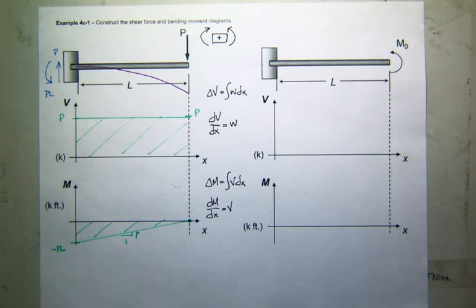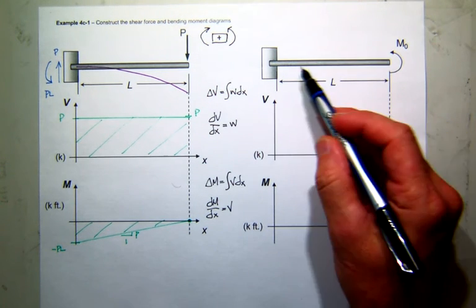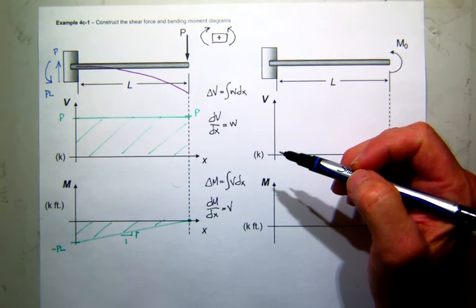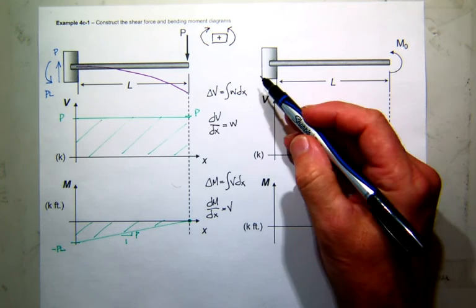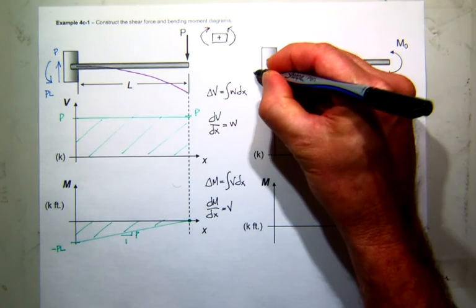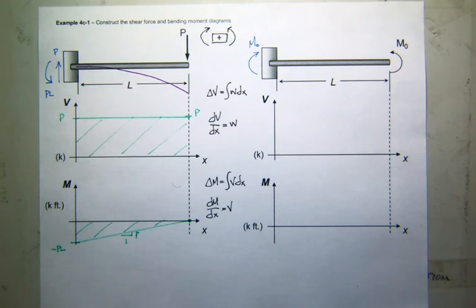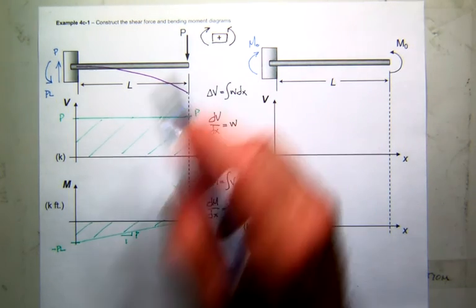Let's do another one. So what happens here? If I sum forces in the y direction, what's my reaction? Don't have one. If I sum moments here, I get a reaction that looks like this. Right? What kind of bending moment is that? Positive.